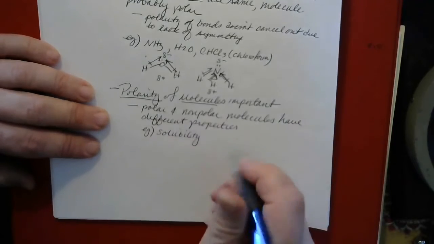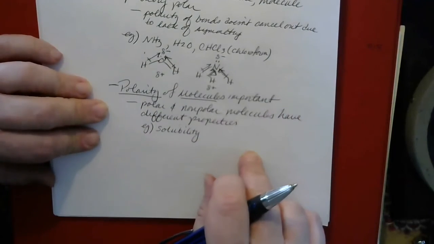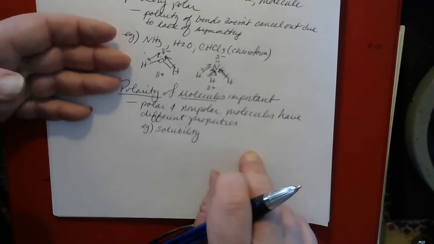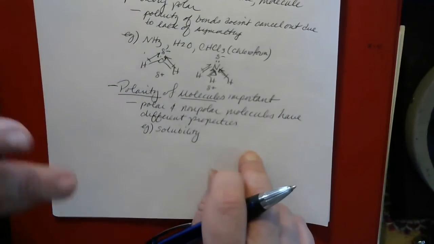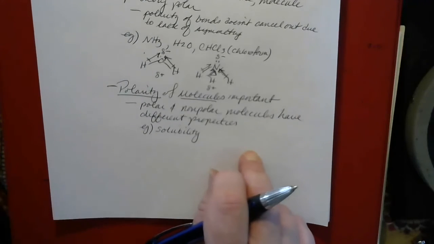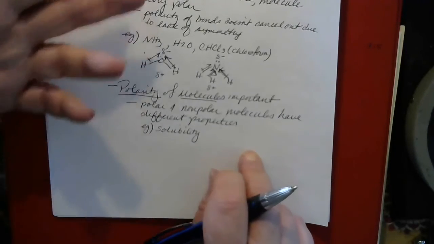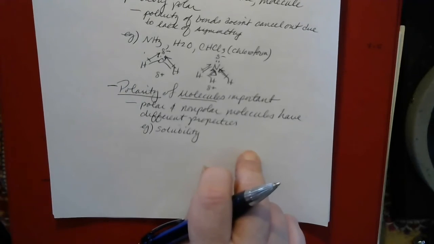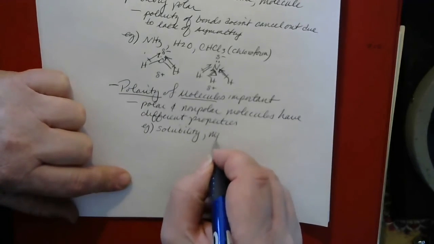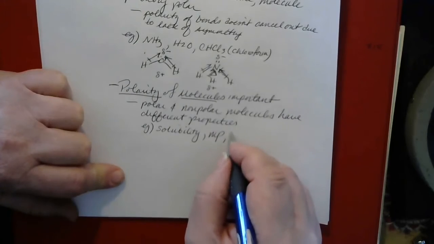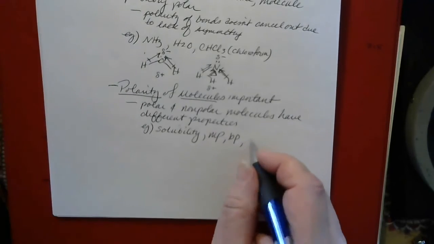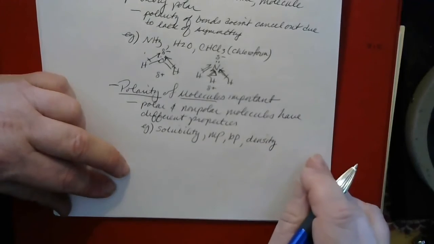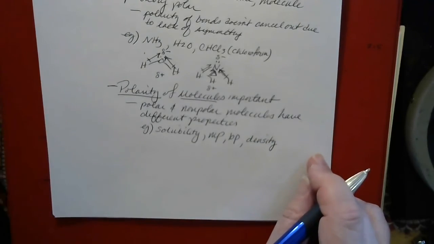Like dissolves like is the old saying. So polar compounds tend to dissolve in other polar compounds, whereas non-polar compounds do not dissolve in polar compounds. Non-polar compounds would dissolve in other non-polar compounds. So oil and water don't mix because water is polar and oil is not polar. Melting point is affected by polarity. Boiling point is affected by polarity. Density is affected by polarity, and a whole bunch of other things.